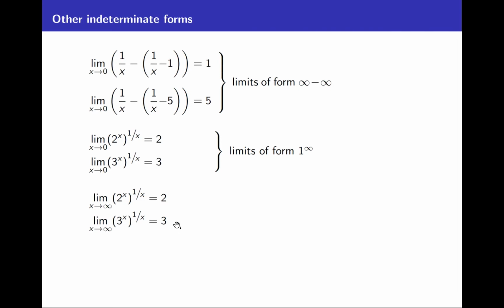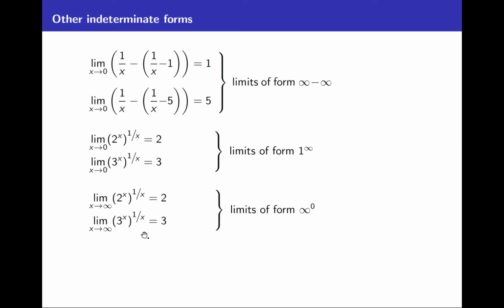So in both cases, the limit exists and it equals different numbers. But look at the structure that these limits have. x is going to infinity, so the base 2 to the x is approaching infinity as well, and 3 to the x is approaching infinity. But the exponent 1 over x, in each case, as x goes to infinity, approaches 0.